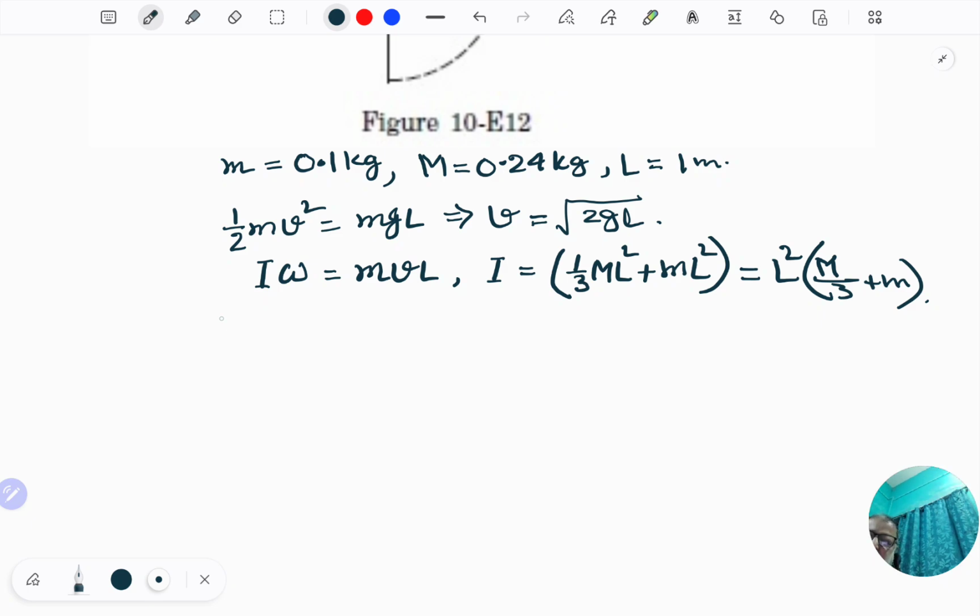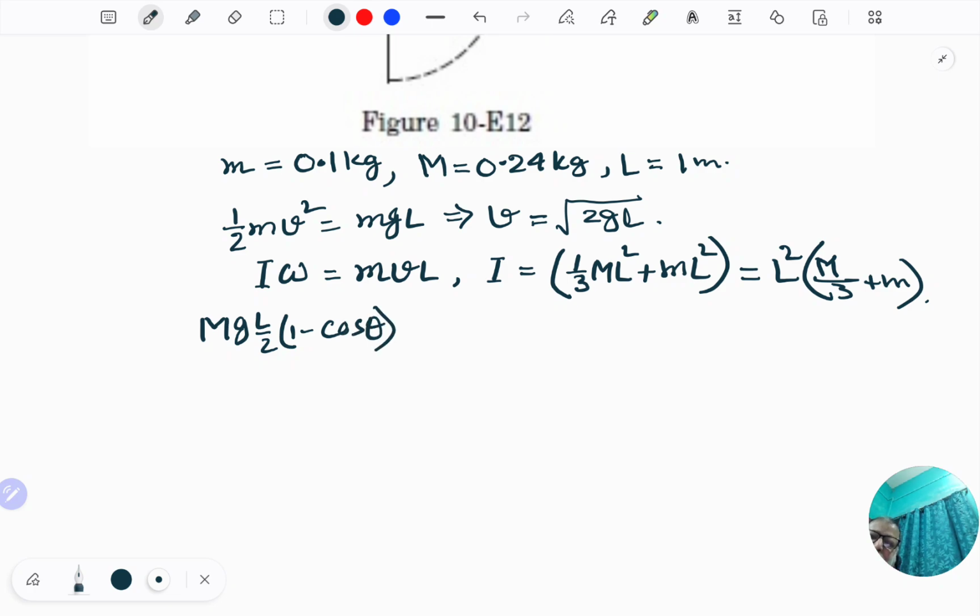and therefore we can write that gain in potential energy of the system is equal to loss in kinetic energy. Now, if it rises up to an angle theta, then for the rod, the gain in potential energy will be mgl by 2 into 1 minus cos theta.